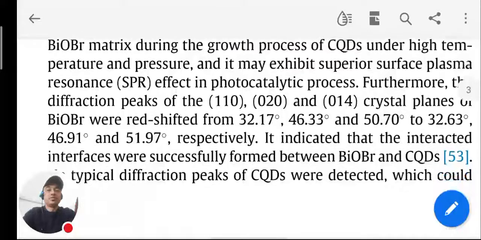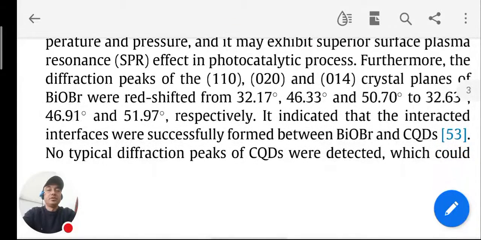of 46.91 and 51.97 respectively. So these are some crystal planes with the red shift. It indicates that the interacted interfaces were successfully formed between BiOBr and carbon quantum dots.